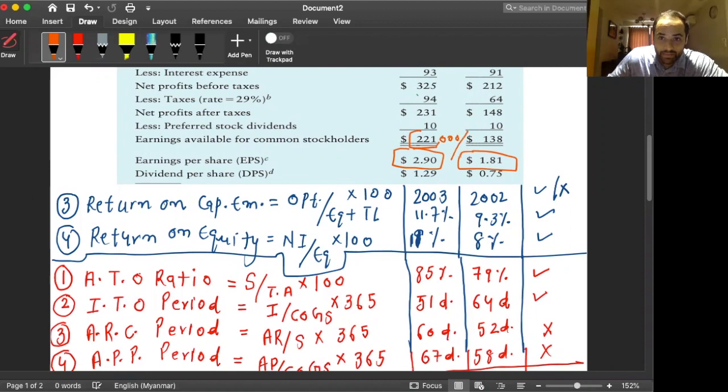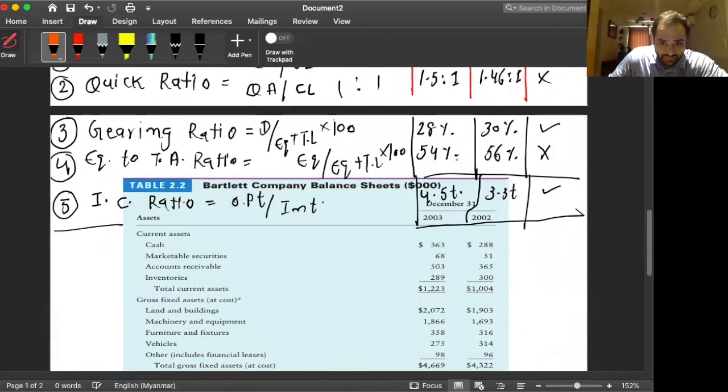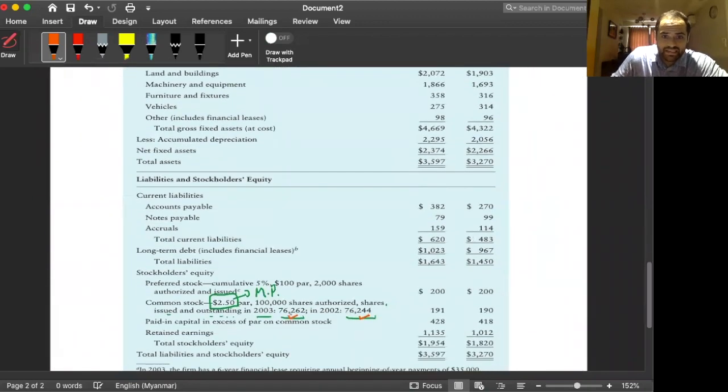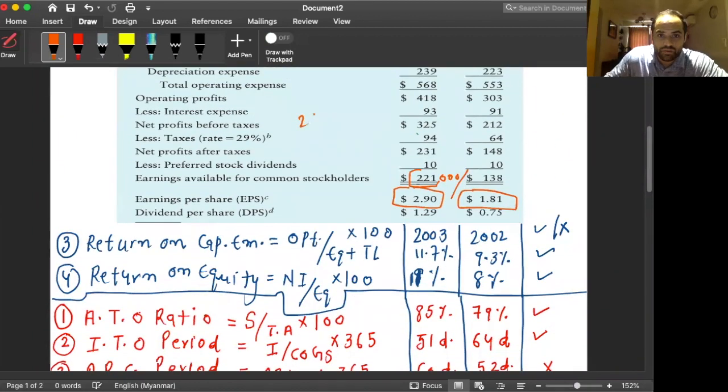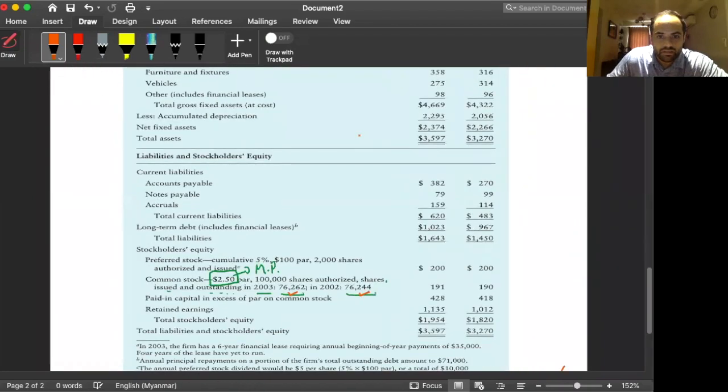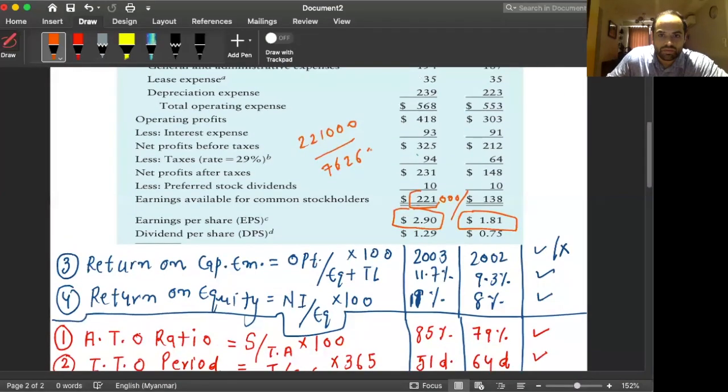And then you divide it by number of shares, which is 76262. So 221,000 divided by 76262. Then your answer should be 2.90.